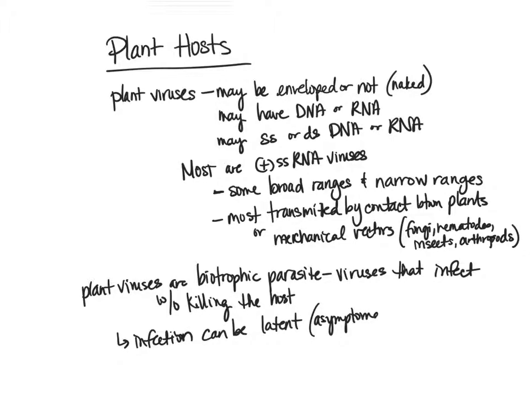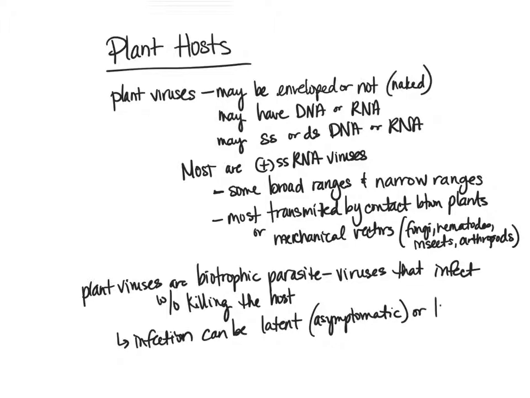Meaning that we don't see cell death. In this case, we don't see plant death because it's a biotrophic parasite, so it kind of hangs out in there, but it doesn't actually kill the plant. But it can be latent, meaning asymptomatic, so it's just hanging out within the cells and is transferred from cell to cell to cell. And in some cases, some infections can hang out within the roots of plants over and over again.